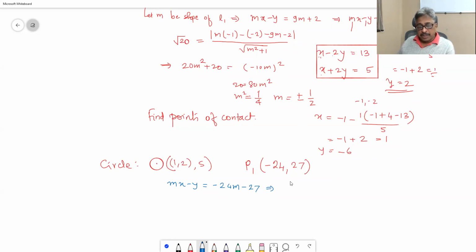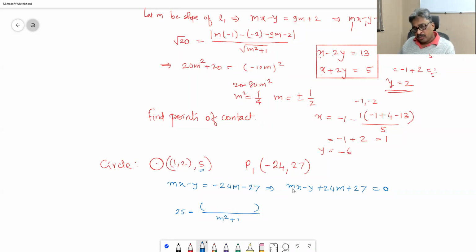In ax plus by plus c form, it is mx minus y plus 24m plus 27 is equal to 0. Distance from the point is 5. So maybe directly writing square, 25 is equal to, denominator is always going to be m square plus 1 once you take out the radical sign, and in numerator you are supposed to square by putting x is equal to 1 and y is equal to 2.